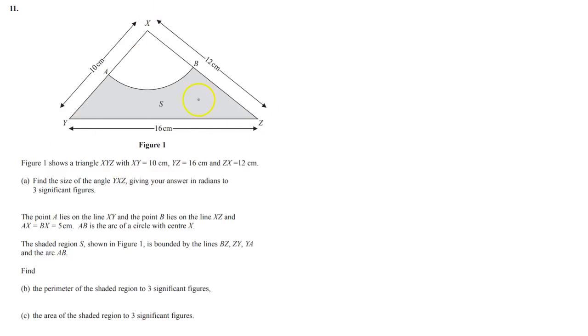When three sides are given, we always use cos. So cos x is equal to, the opposite side is 16 square minus 10 square plus 12 square over 2 multiply 10 multiply 12.